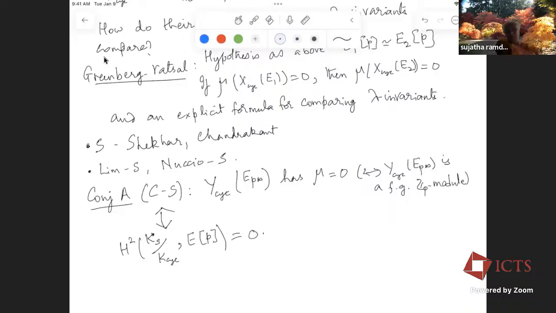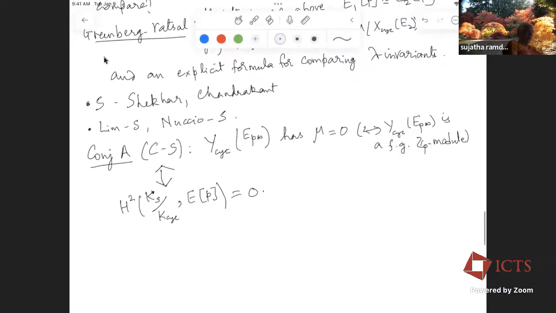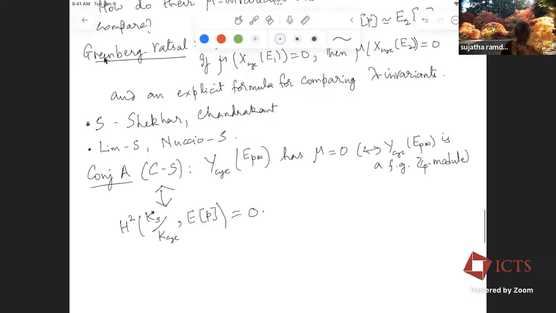So you see, the mu invariant of the fine Selmer group depends only on p, only on the residual representation. Okay, so this is the story so far, and here this can have ordinary or supersingular reduction, both for ordinary and supersingular reduction.